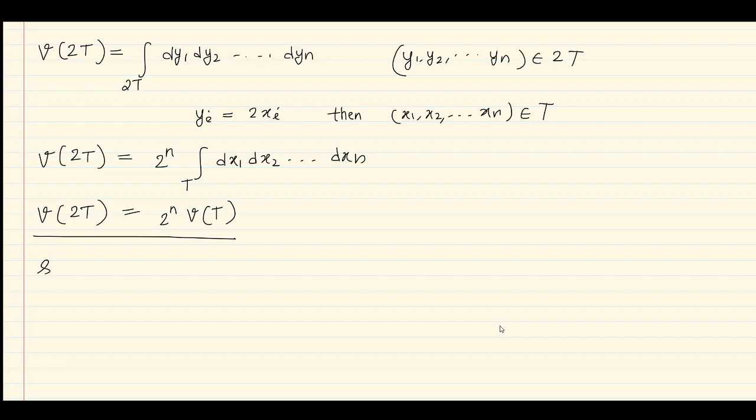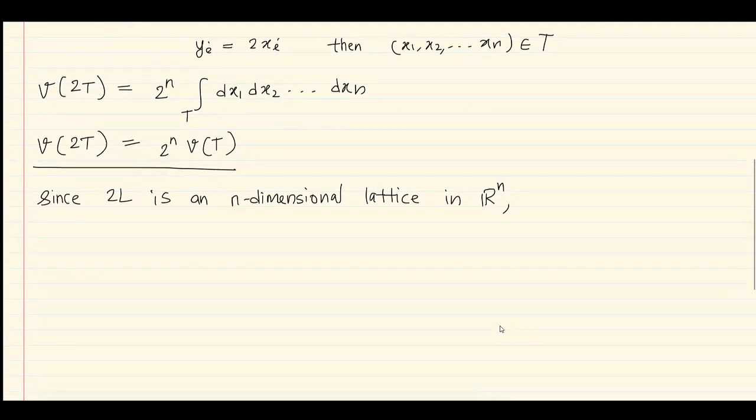Since 2L is an n-dimensional lattice in R^n, we can write that R^n by 2L is isomorphic to the n-dimensional torus T^n.